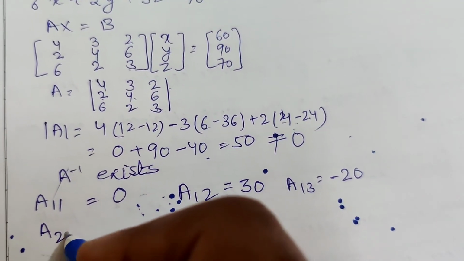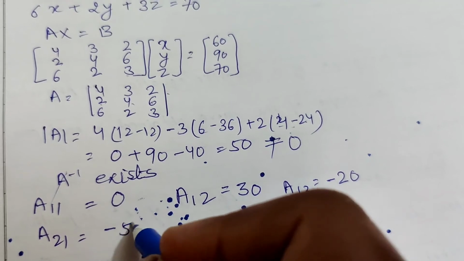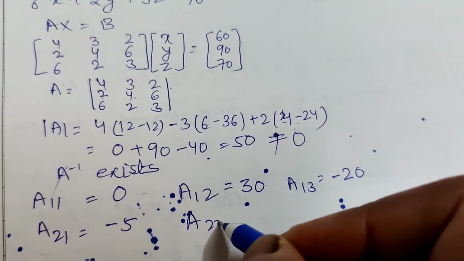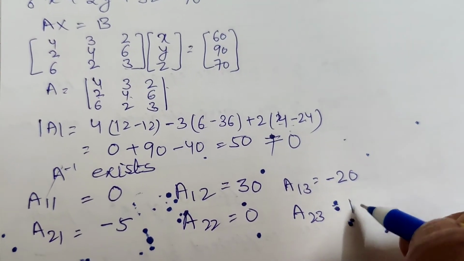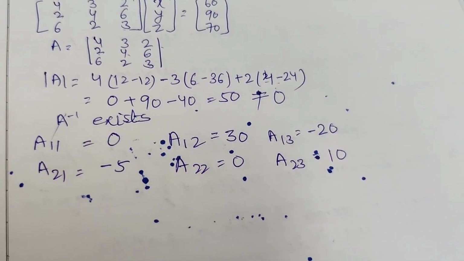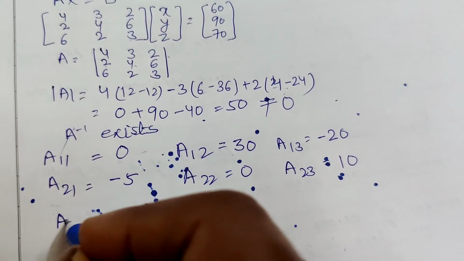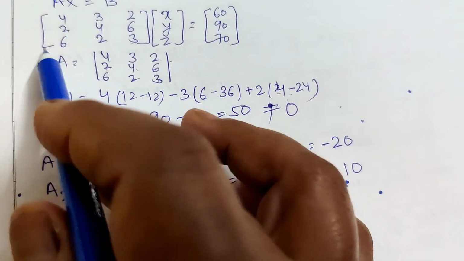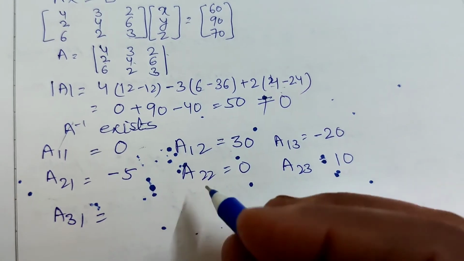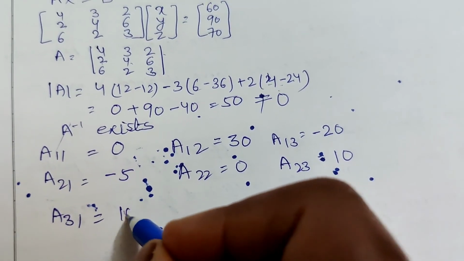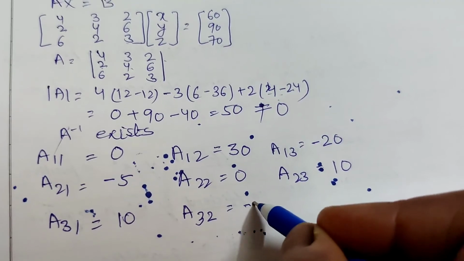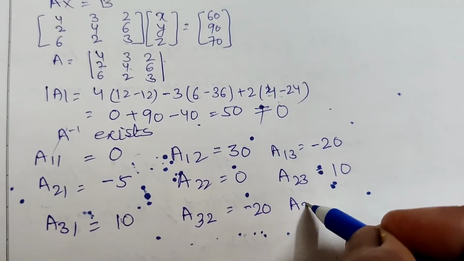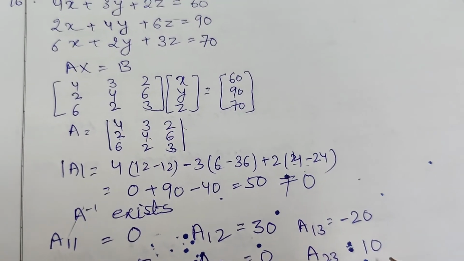A21 minus 5, A22 0 and A23 10. Okay. Now A31, third row first column, 18 minus 8 it is equal to 10. A32 minus 20 and A33 equal to 10.